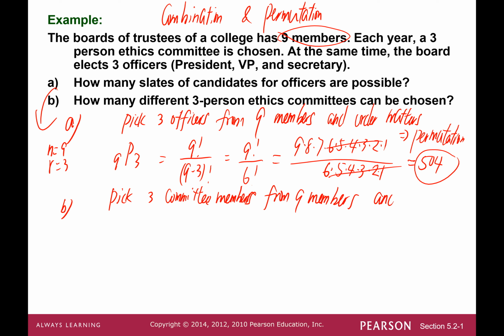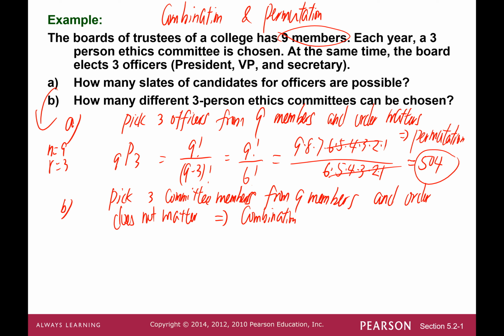And the order does not matter because each one of them will share the same title. They're just committee members. None of them has a special title. We know this is definitely a combination.